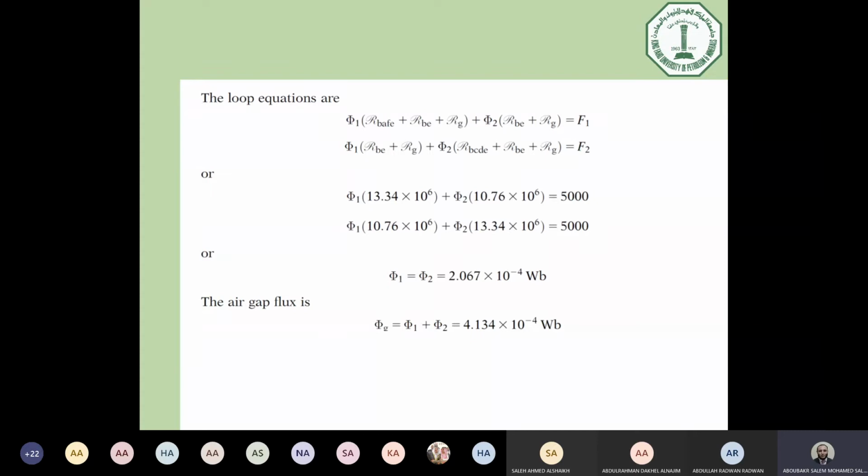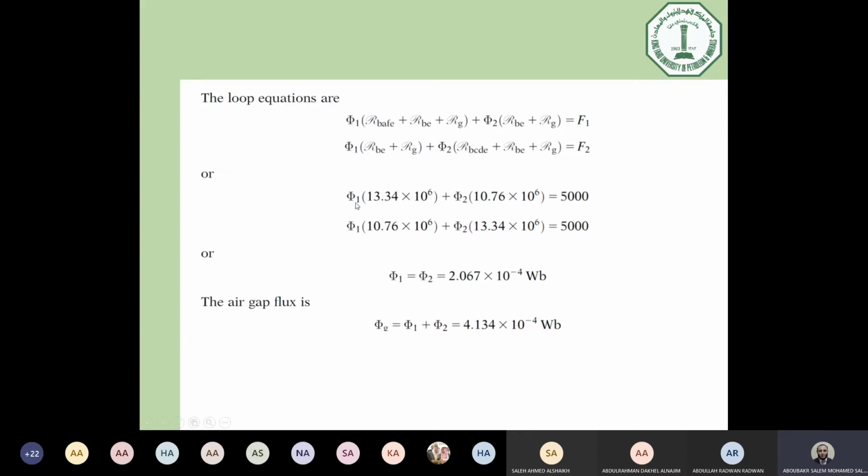Otherwise, if you cannot conclude that, you have to make the other equation for the second loop and solve the two equations together to get phi1 and phi2, and finally you will find both of them are equal. However, from the beginning, you can imagine that because of symmetry, phi1 will be the same as phi2.